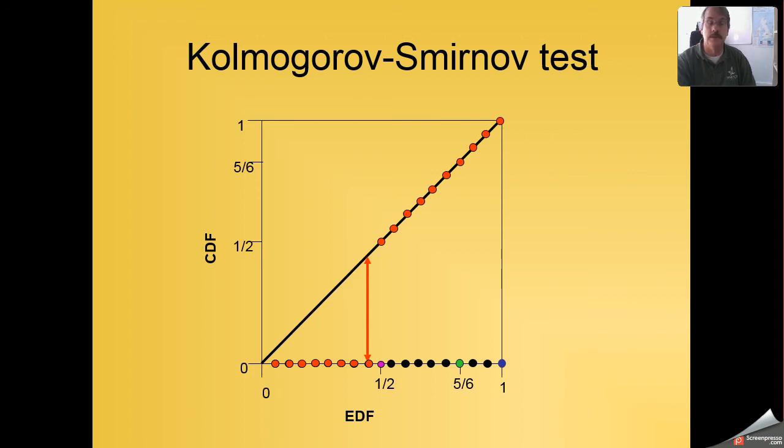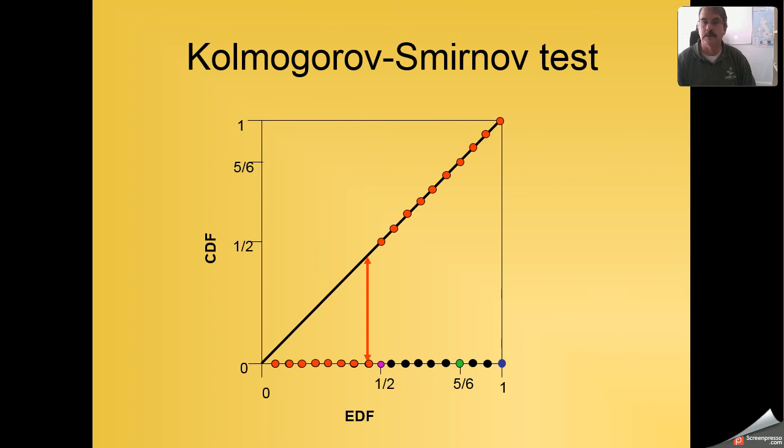How big is that biggest discrepancy? And the Kolmogorov-Smirnov test will then tabulate how big that difference is to convert it into a test statistic that says the probability that we would get a discrepancy that large if our model was correct is some p-value.